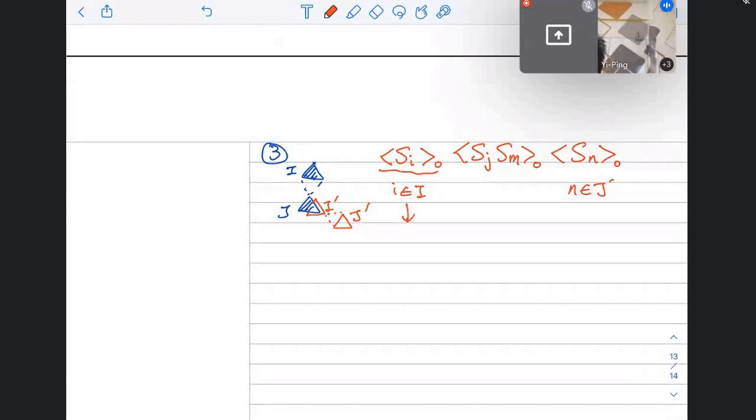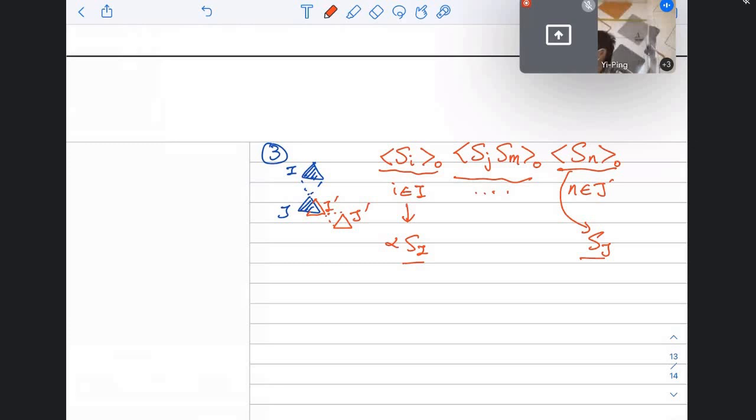And we also know this thing is proportional to Si. And this one, we also know it is proportional to Sj. In the middle, you will have some other contribution, but the point is that if you go to second order in B, you will have longer range coupling of your block spin. At linear order, you still have a nearest neighbor because this blue I and blue J are nearest neighbors on the block spin triangles. But at second order, you develop longer range coupling. Now, the block spin I can couple to block spin J prime.